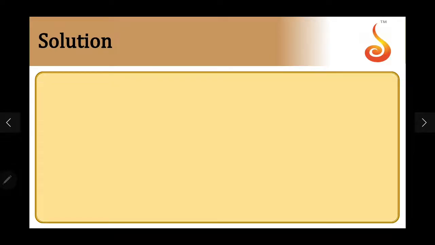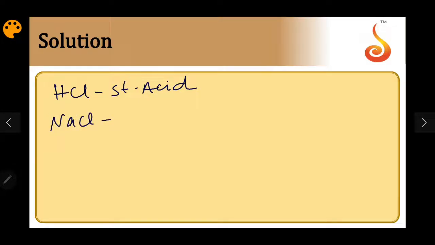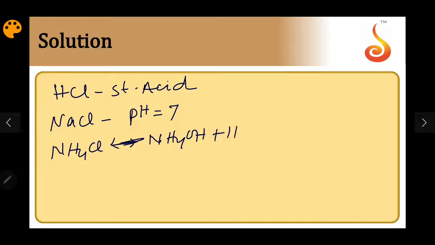If I take HCl, HCl is a strong acid, so it is not a salt. Then NaCl is neutral, pH is equal to 7. NH4Cl is coming from NH4OH plus HCl. This is strong and this is weak, so pH will be less than 7.